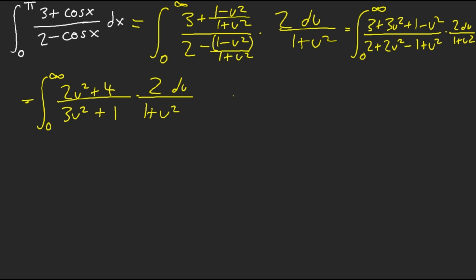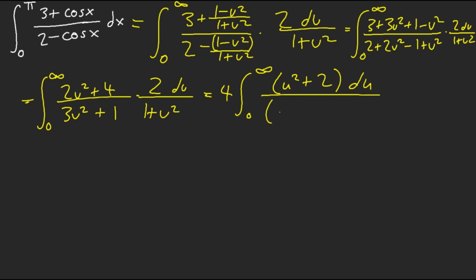I honestly don't want to do this, but if you were given this integral in an integration bee, I'm very, very sorry. But u squared plus 2 du, over 3u squared plus 1 times 1 plus u squared. Wow.